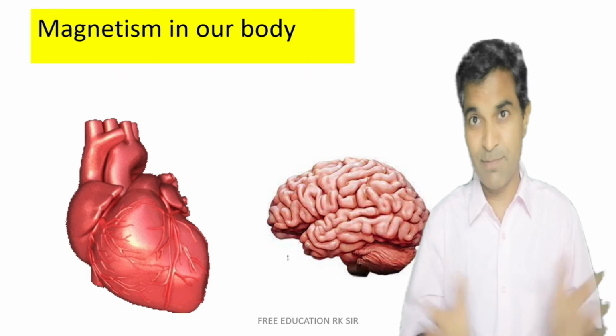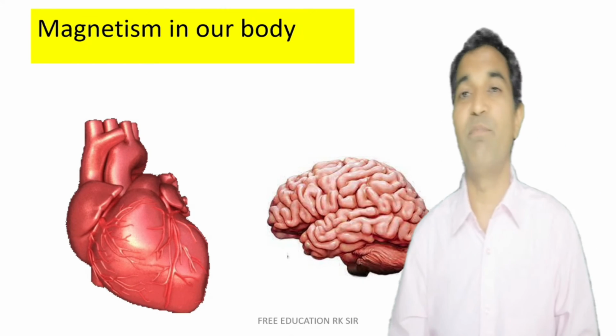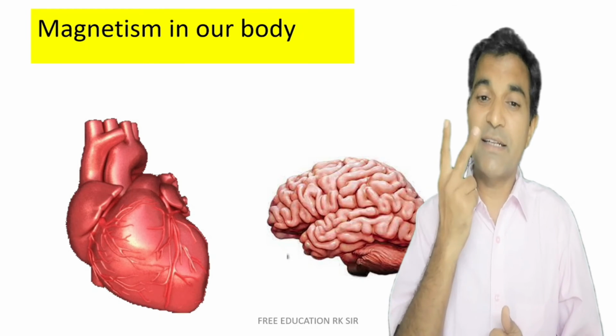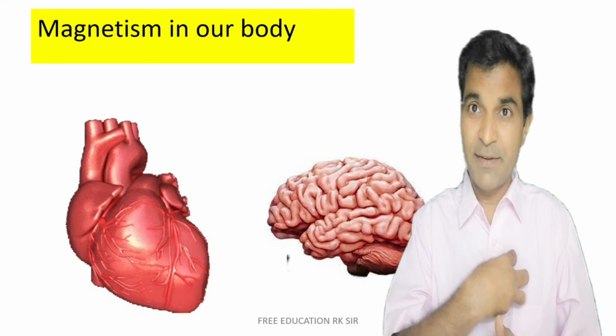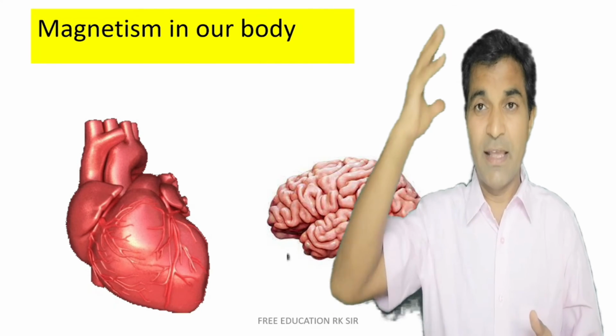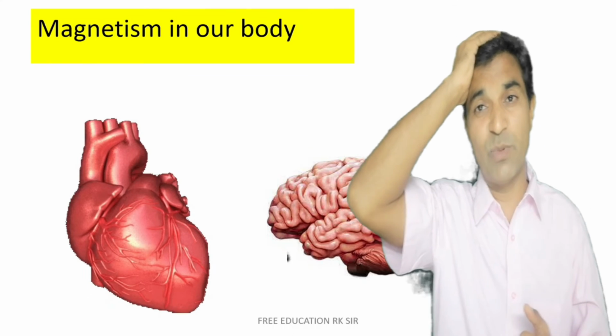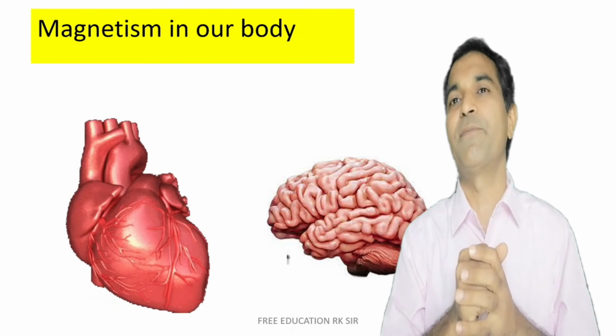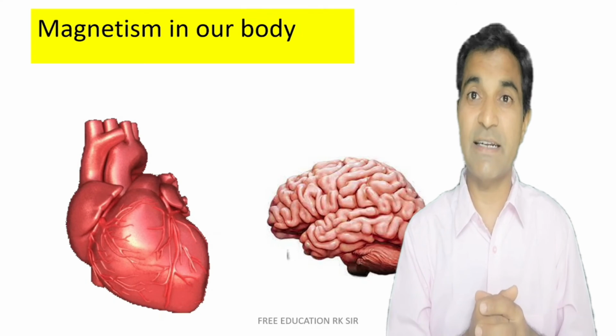Now the next concept for extra marks, that is the magnetism in our body. These are the two items, heart and brain. I have already said that there are millions of neurons in our brain which communicate with each other with the help of electrical signals.